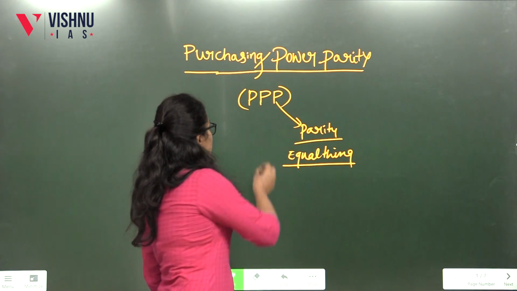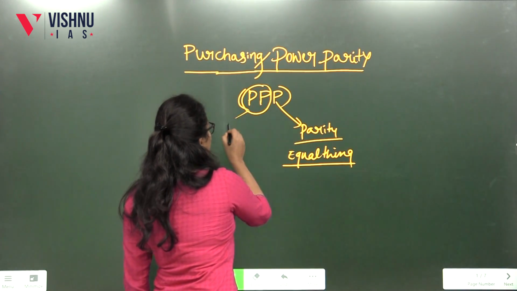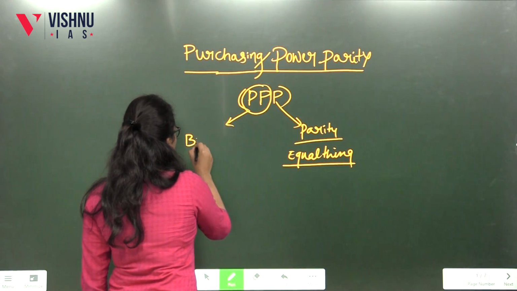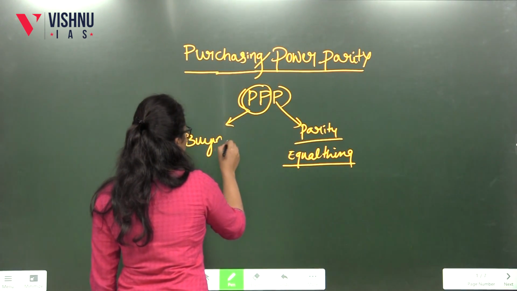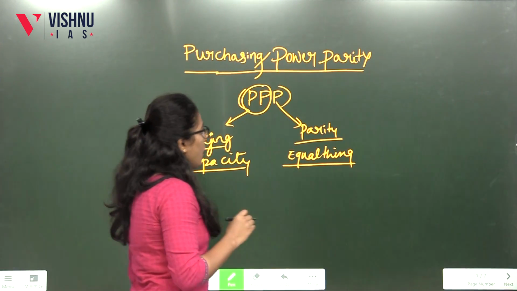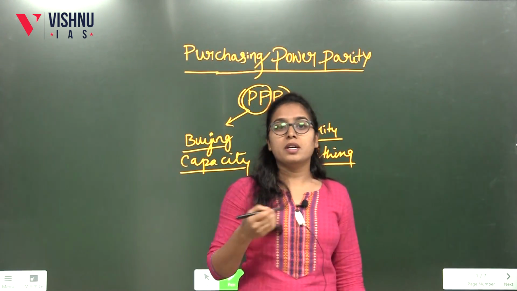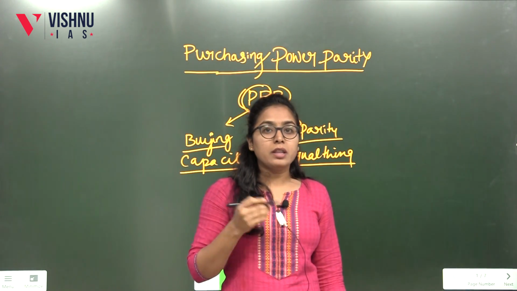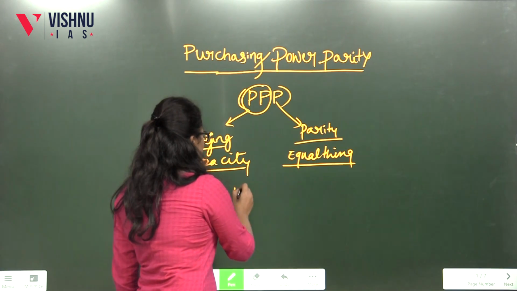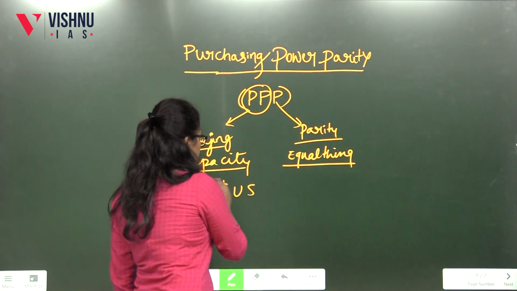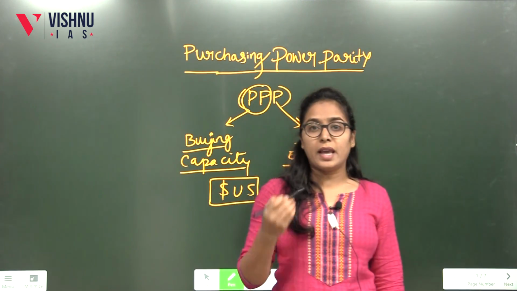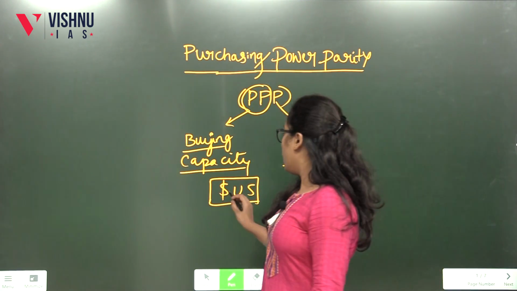Then comes purchasing power. Purchasing power is nothing but the buying power, the buying capacity of the people of the country. When we calculate this buying power in terms of another currency, for example at the international level, we see that the US dollar is a hard currency, and most countries want to buy or sell goods in dollars.